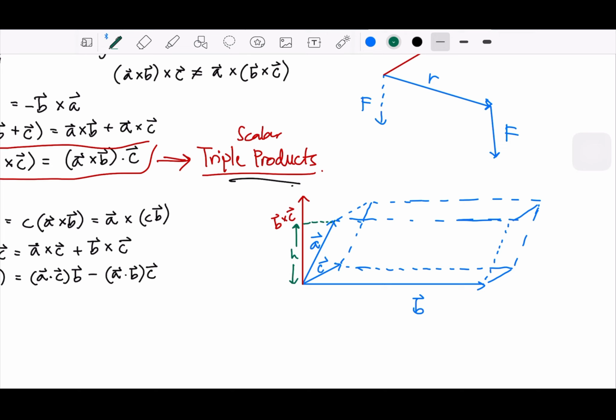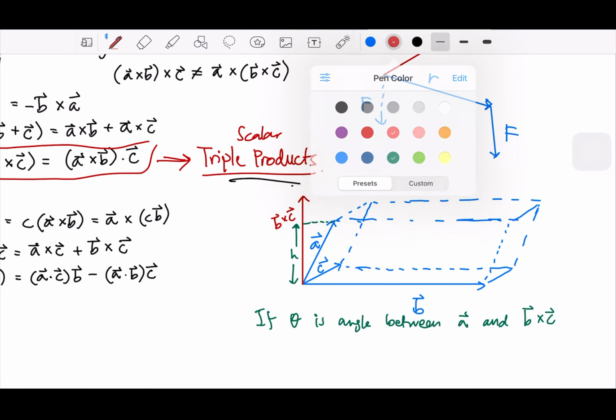And if theta is the angle between vector A and the cross product B cross C, so this will be angle theta here.